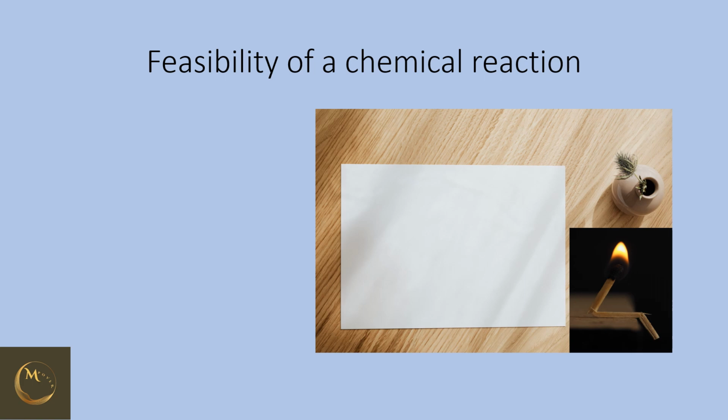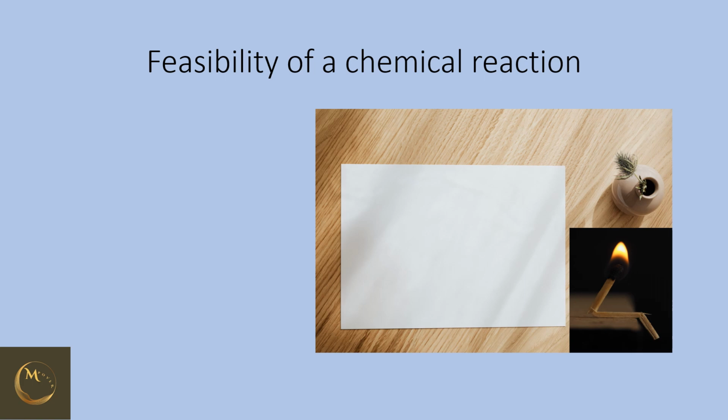And we can see that it's not just the ingredients required for the reaction which will determine whether it is possible or not. It is also the conditions at which this reaction can happen. And therefore, we have to consider all the conditions which are required for the reaction to reach equilibrium.